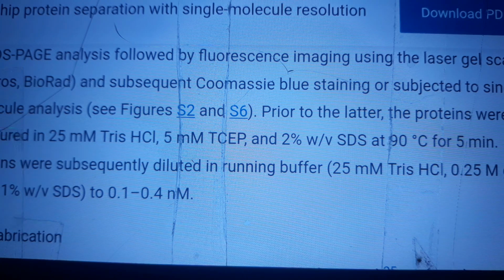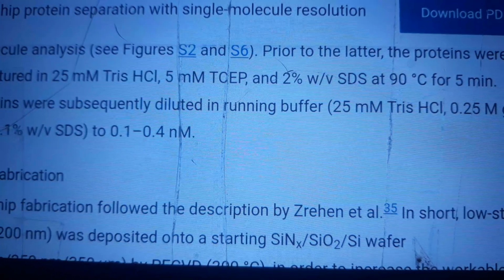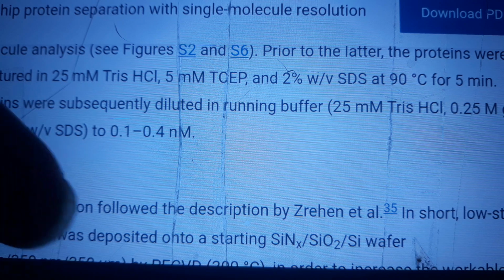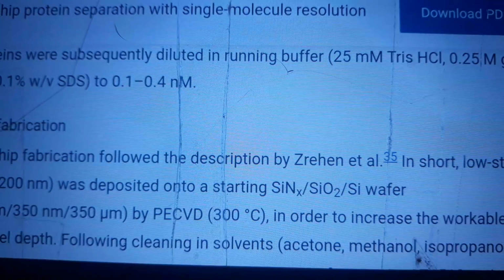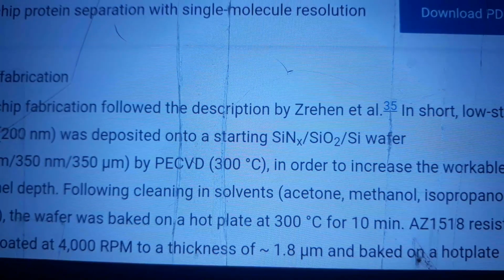Prior to the latter, the proteins were denatured in 25 mM Tris HCl, 5 mM TCEP, and 2% weight by volume SDS at 90 degrees centigrade for 5 minutes. Proteins were subsequently diluted in running buffer, 25 mM Tris HCl, 0.25 M glycine, and 0.1% weight by volume SDS, to 0.1 to 0.4 nM.